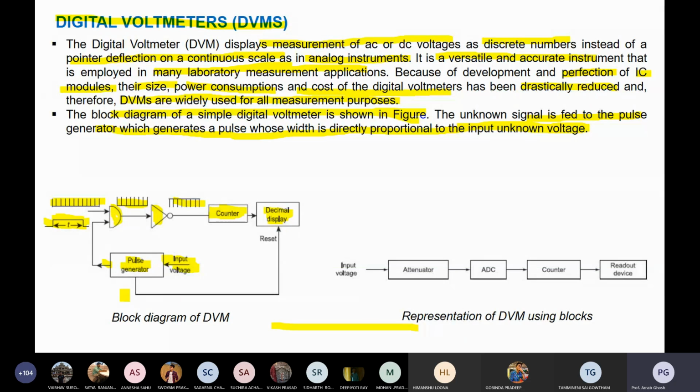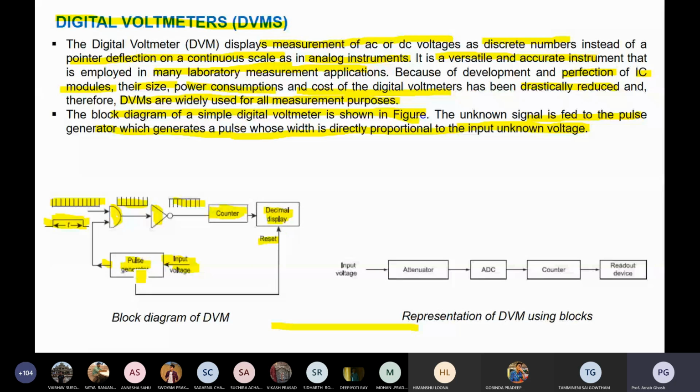Then after some time the pulse generator will give you the reset pulse, a digital signal. Every time an input signal is given, one signal goes to your display to reset the previous value, and the rest of the portion takes care of giving you the actual value.